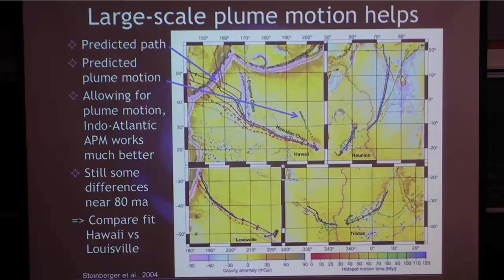Well, just to briefly follow up on that, I'm not sure if you have the figure from the Dubrovin paper. I didn't put that. They show that plate reconstructions on all oceanic basins work much better if you allow for the hotspot motion that is predicted by Bernhard Steinberger's models.